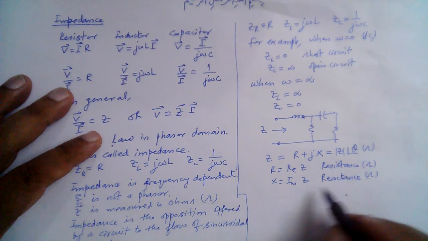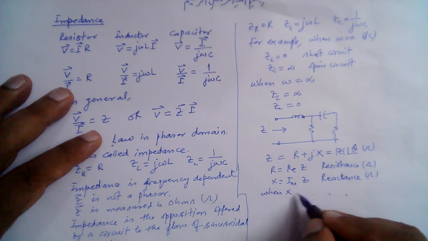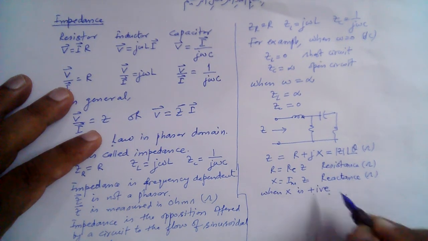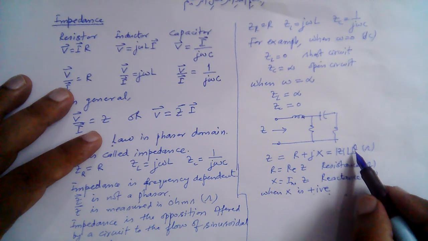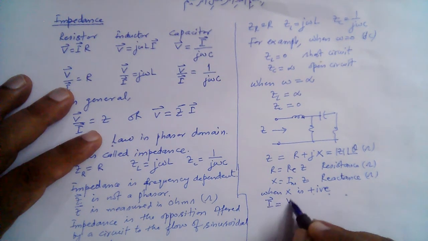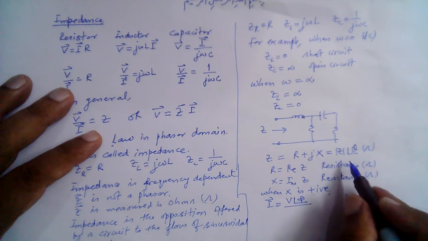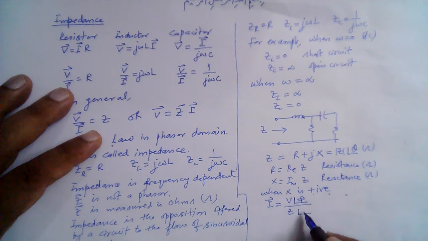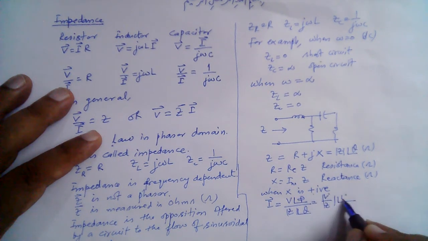So when X is positive, for example, then this theta is positive here, right? And for example, if we want to find out the current I from a voltage V angle phi over this Z angle theta, it will be V over Z angle phi minus theta.